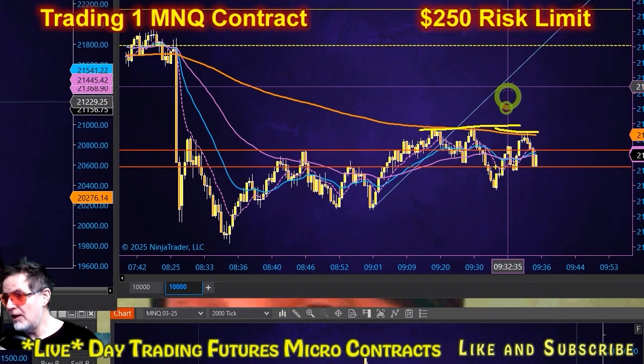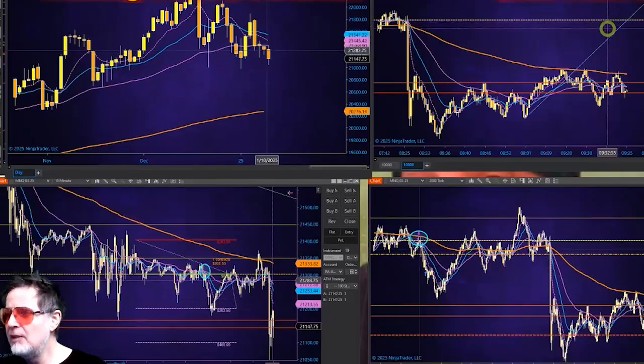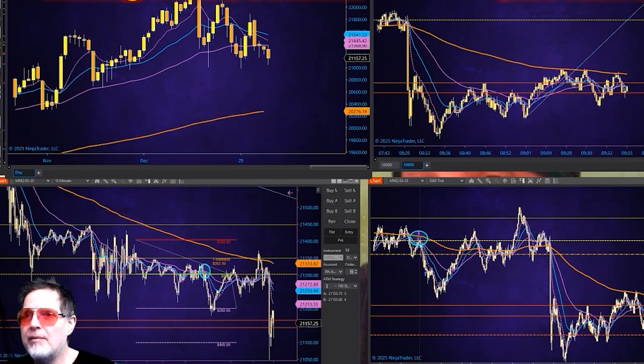Double top, triple top. Now if this continues to be a lower high right in this area, it would be a good area to see if it's going to keep going down. But I'm short biased right now. So let's see if I can get in another trade or not.